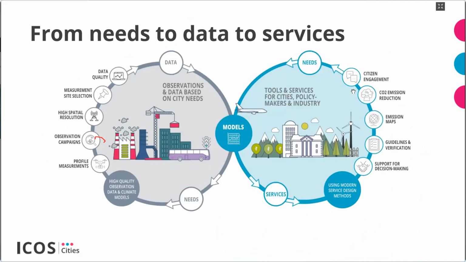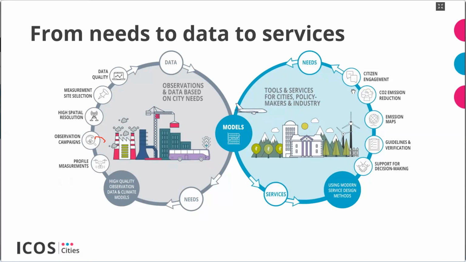So one point we are really trying to do in ICOS Cities is, I would say, not just measurements, but it is a way more complex situation. Measurement data is obviously one very important bit, but then you have this kind of infinity sign here, where we really try to have a co-design approach, with as many iterations as possible to go round and round.